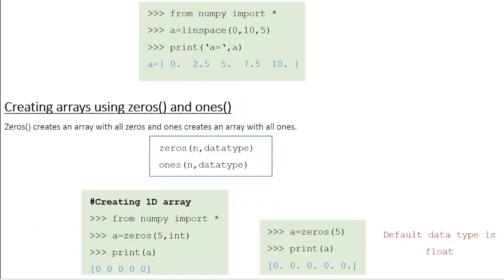Let's look at one example. From numpy import star, a equal to linspace 0, 10, 5. So 0 is the starting element, 10 is the ending element, and the range between 0 and 10 is divided into 5 equal points. Here one thing you have to remember: in linspace, the start element and the stop element both are included.